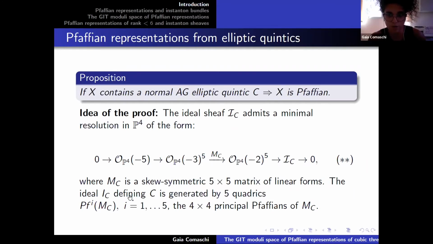So our curve will be defined by the intersection of 5 quadrics that are given by the principal Pfaffians of this matrix. Okay, so we have the quintic elliptic skew symmetric matrix of size 5. The principal minors are the quadrics defining the curve.